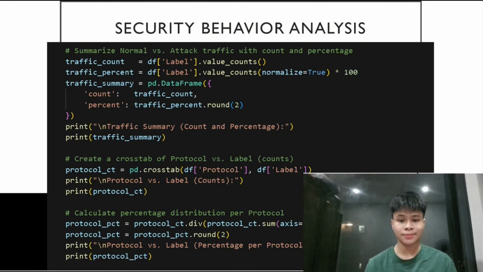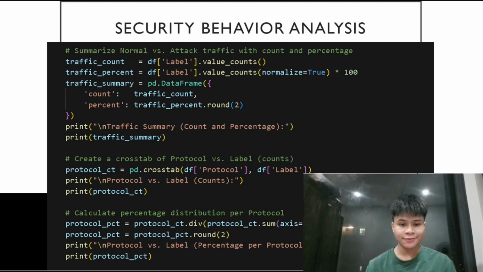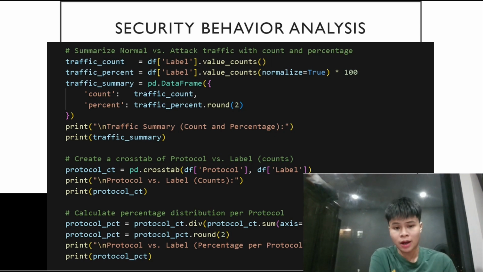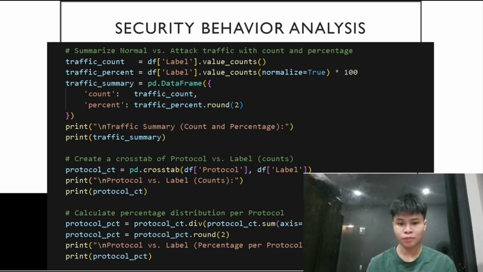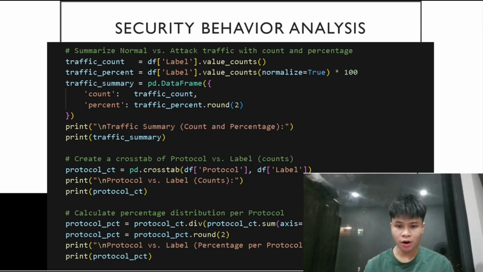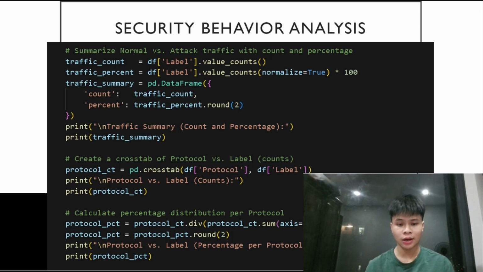Unusual packet sizes that might indicate DDoS attempts. Traffic patterns over time, like spikes by 3 a.m. TCP protocol 6 was most often used in attacks like SYN flood, while UDP protocol 17 was more used for normal traffic.